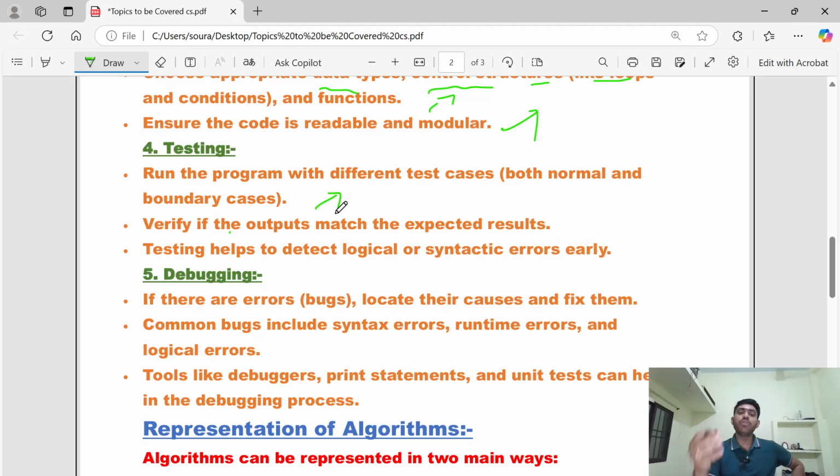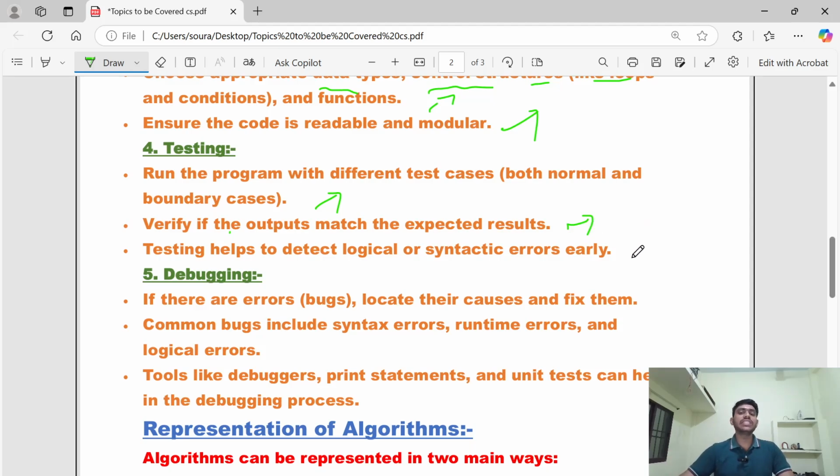Verify whether the output matches the expected result. You verify what you are expecting and whether you are getting that or not. That is the main purpose of testing: whether the expected result and the actual result are the same, or whether it is violated or deviated.